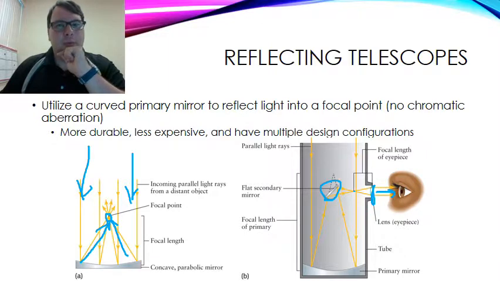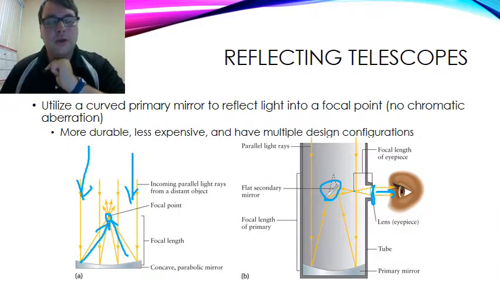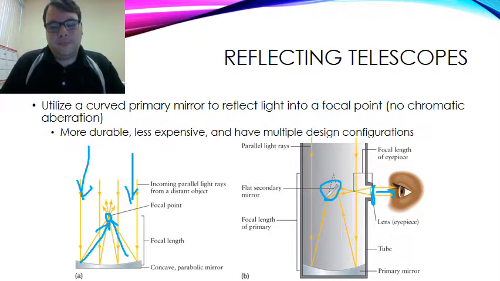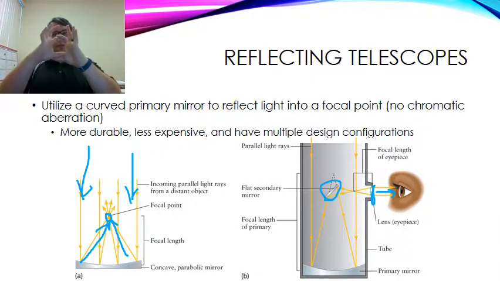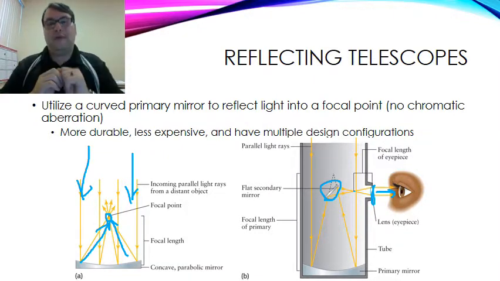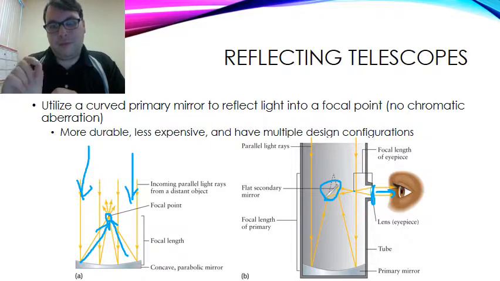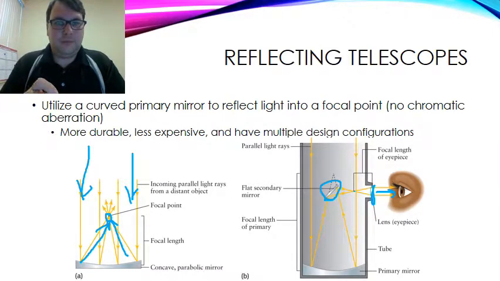Now, you may be saying, okay, you're still blocking some of the light. Yes, you are. The secondary mirror, by comparison, if you have a large collecting mirror like this, the secondary mirror may be this big, which means you're actually blocking a very small portion of light, and that light loss is acceptable because you're not actually splitting your light and getting chromatic aberration.